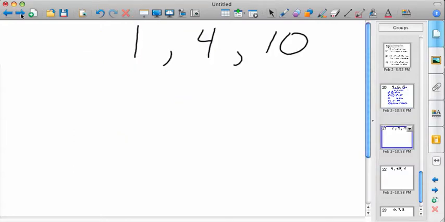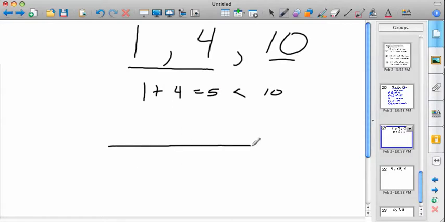Next example, 1, 4, and 10. Again, check to see if it's even going to be a triangle. And you notice 1 and 4, that's 5. Well, heck, that's less than 10. There's no way. Here's a way to think about that.